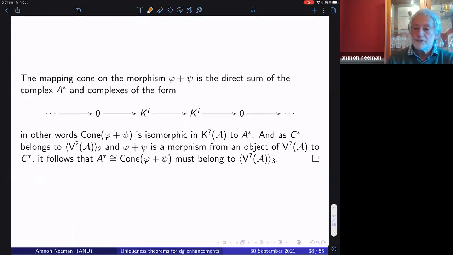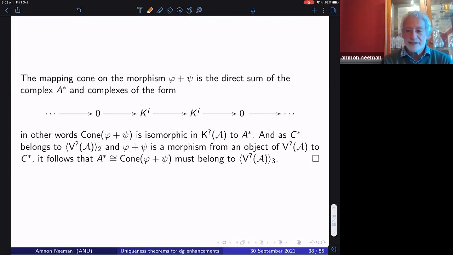So this is the piece of magic. The mapping cone is A plus a whole lot of trivial, contractible complexes. This needs checking, but it's true. So I've just built up any given complex in 3 steps from complexes with zero differential.